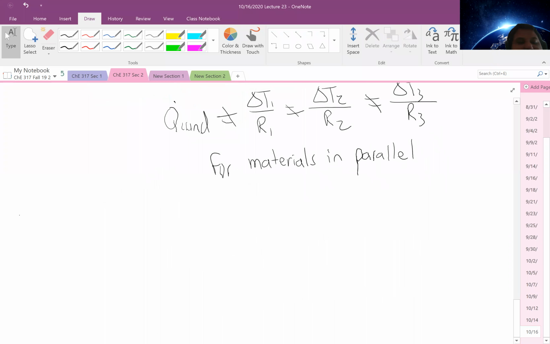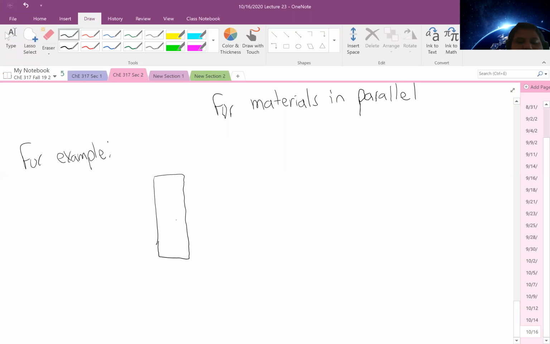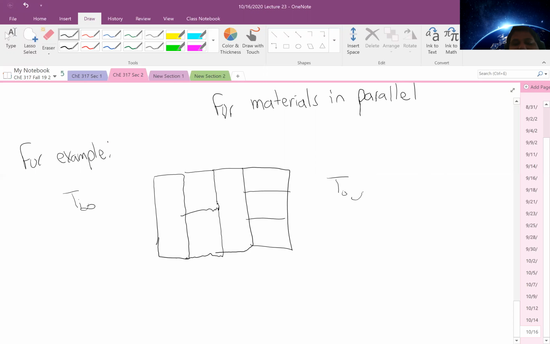And so, for example, if I had a material or a wall that looked like this, where there was some inlet temperature here, some outlet temperature here, and I didn't know the surface temperatures on the walls, such that I had to consider convective resistance on either side.